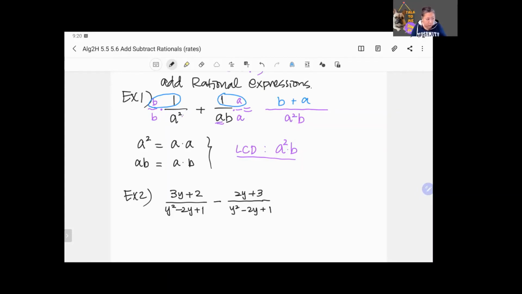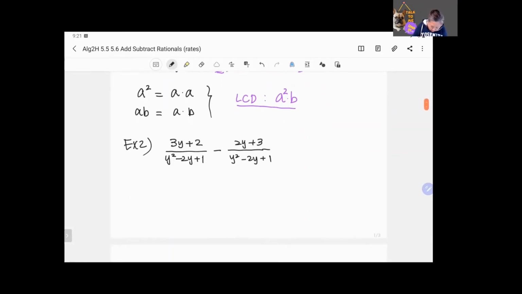But we might still have to simplify it afterwards, so it doesn't matter. So let's execute the subtraction first. Now we verified its common denominators already. So the next step, I will still use the common denominator already given.